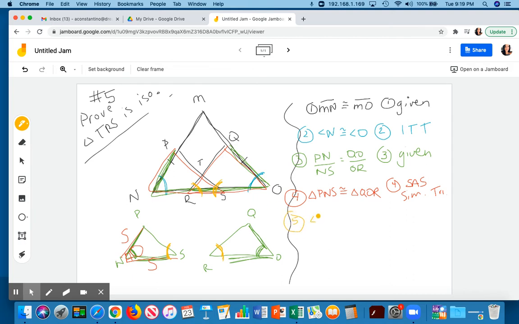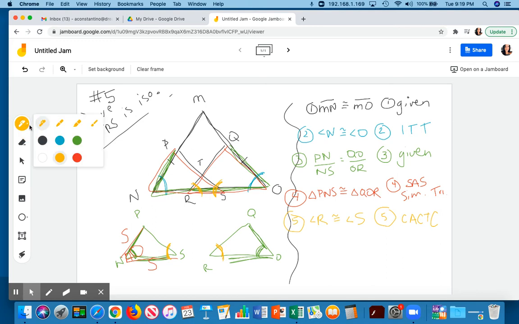So we have angle R is congruent to angle S. And the reason we can say that is because we just proved that those medium triangles are congruent. So thus the corresponding angles are also going to be congruent. So this is where corresponding angles of congruent triangles are congruent.